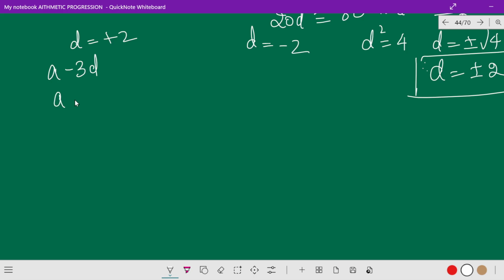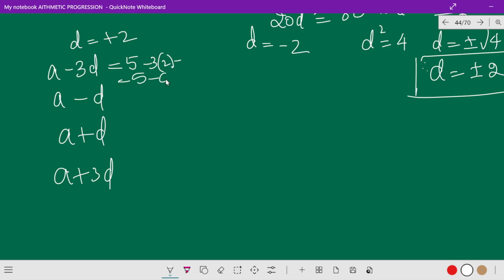The A value we got previously as 5. So we'll write here 5 minus 3 into 2. That is 5 minus 6. The answer is minus 1.